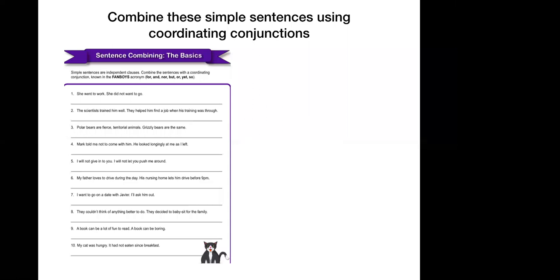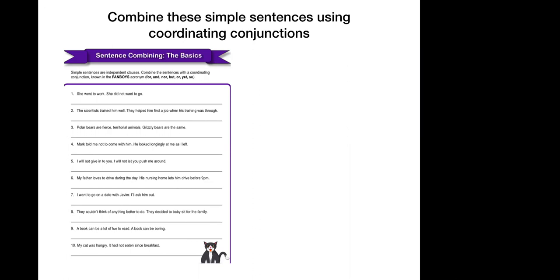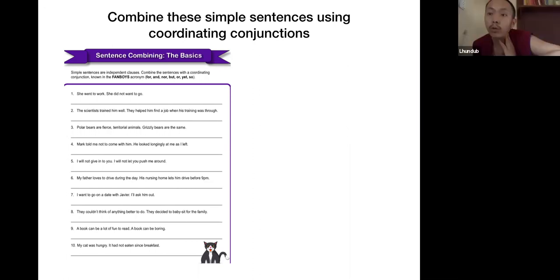Compound sentences combine sentences with a coordinating conjunction, using FANBOYS. You can use for, and, nor, but, or, yet, so. This is a compound sentence: She went to work, but she did not want to go.